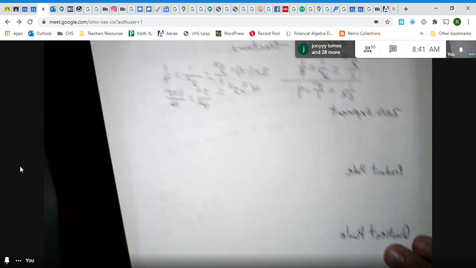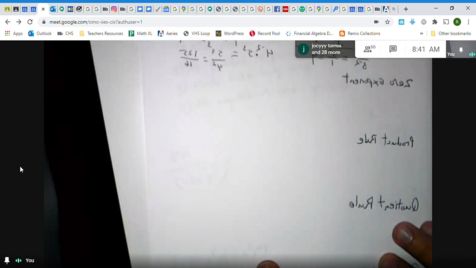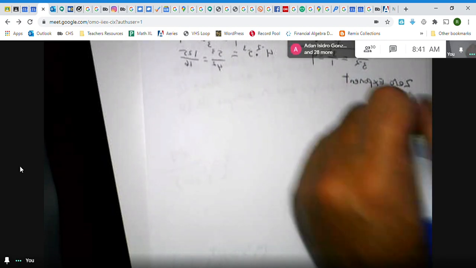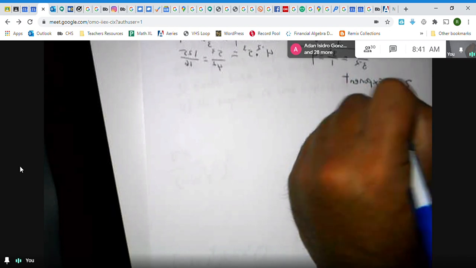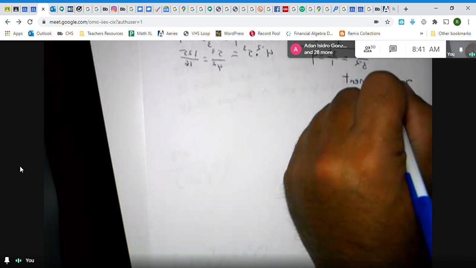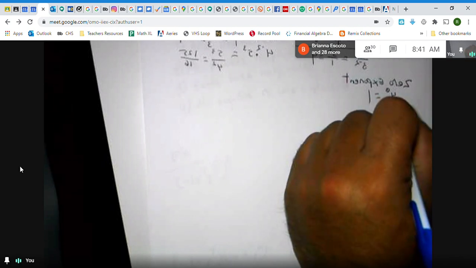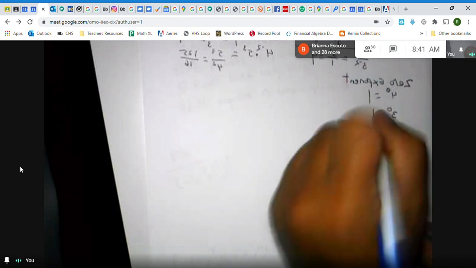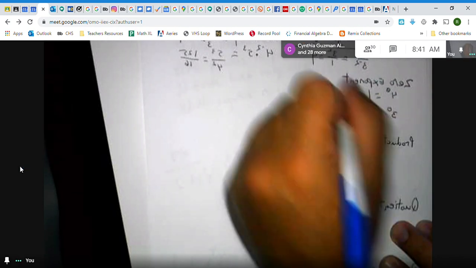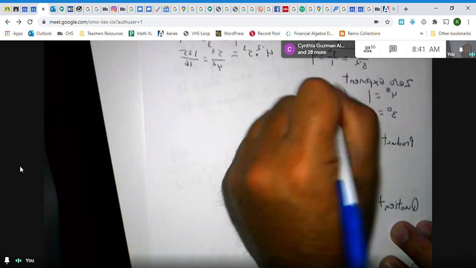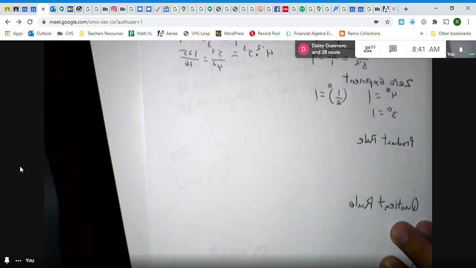Let's continue. Zero exponent. Any number to the 0th power equals 1, except for 0 to the 0th. Any fraction to the 0th power equals 1.